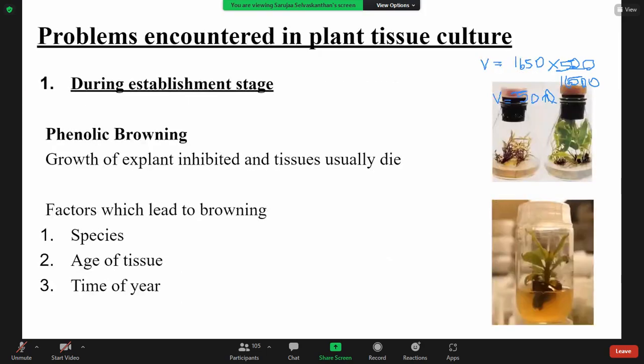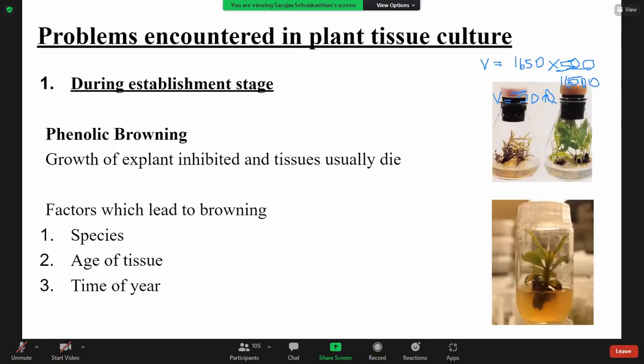Yes, ma'am, understand. Okay, don't worry, I will explain one more calculation for the media preparation next class, right? I will give you a calculation part. You try it, then I will explain.